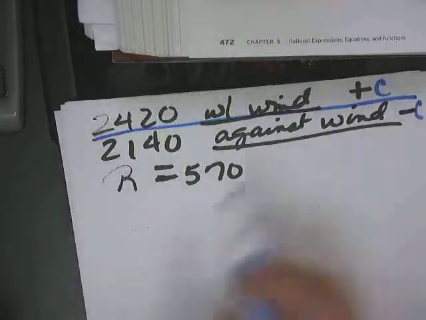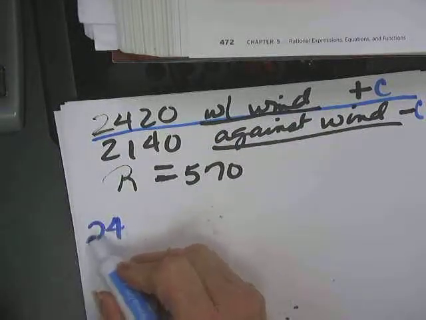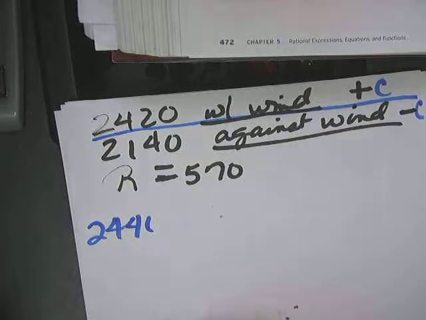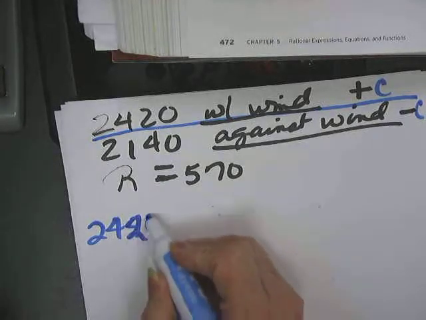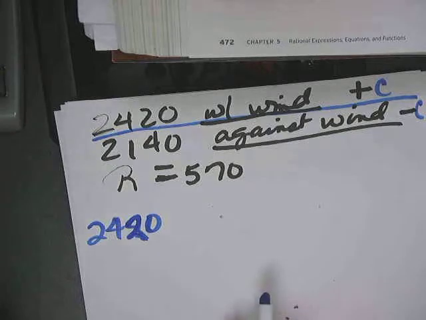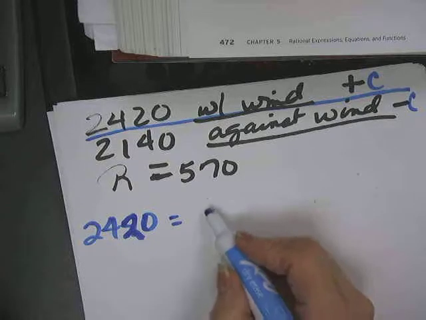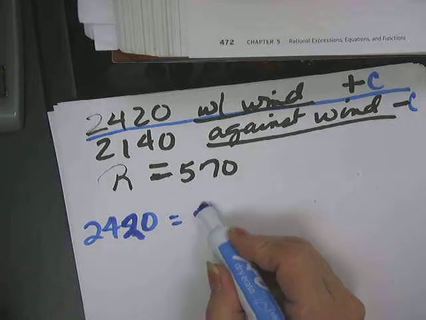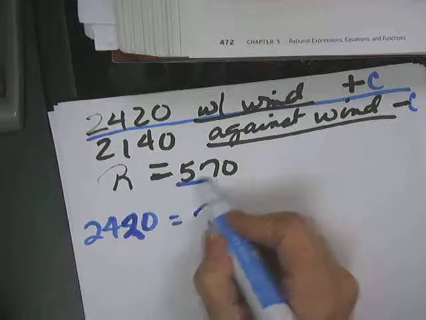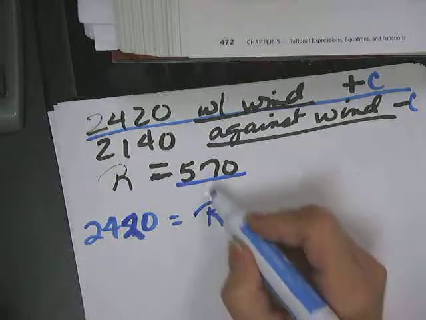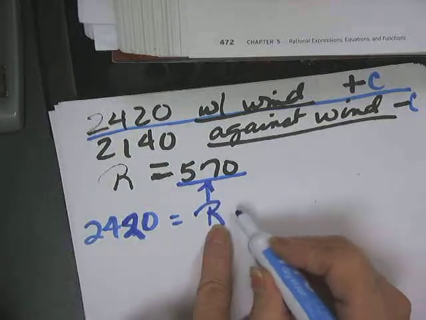Okay, what we're trying to find is your current. So we'll probably use C, right? We're going to add the current and subtract the current. So this right here is with the wind. 2420 is the distance.